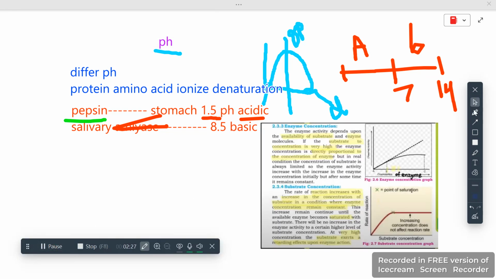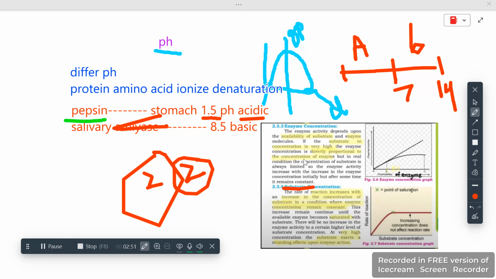Then we also have enzyme concentration and substrate concentration. They are very sensitive, as I just told you. If you need two substrates and there are two enzymes, then this is done. But if you provide more, the enzyme concentration is supposed to change. How?